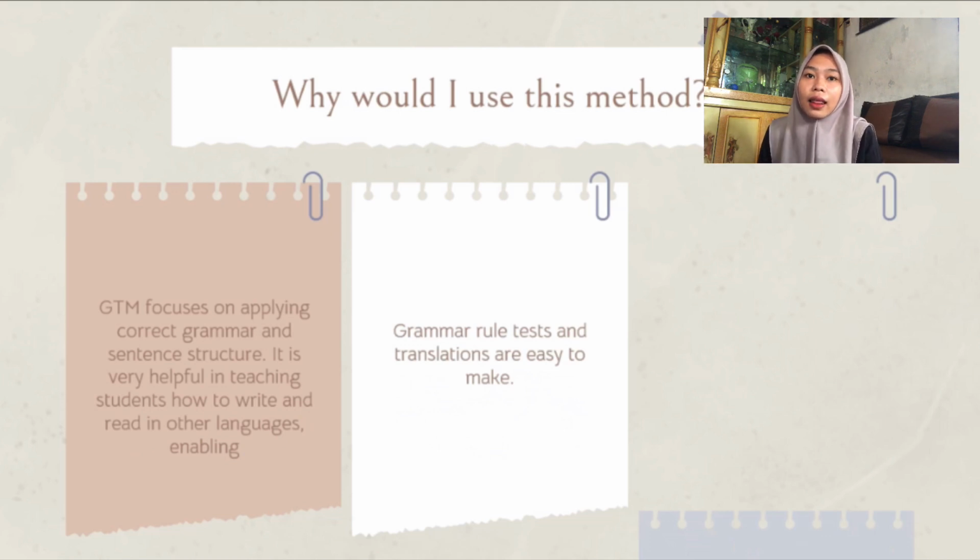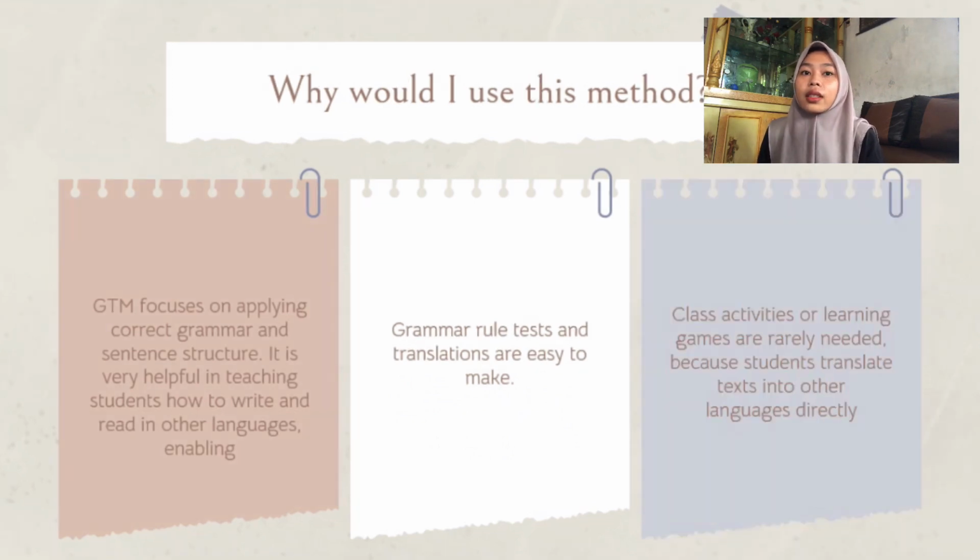Second, tests of grammar rules and of translation are easy to grade. And the last, class activities or learning games are rarely necessary, as students translate text to another language directly.